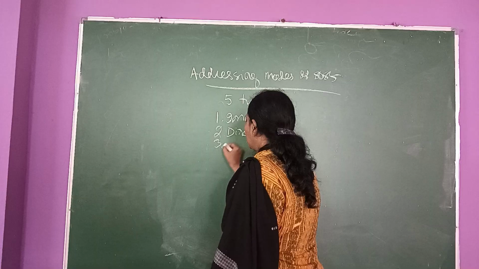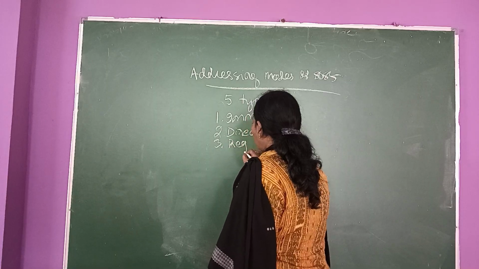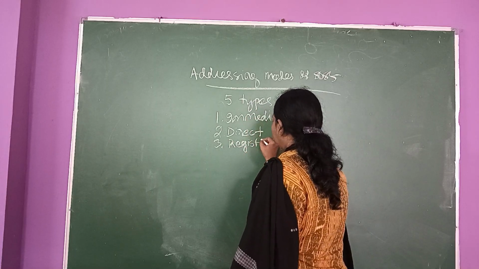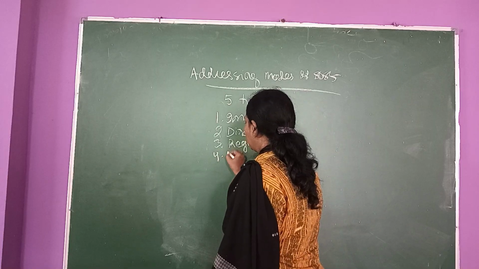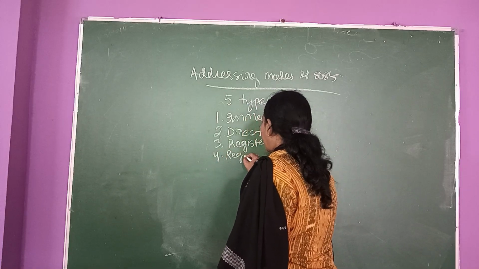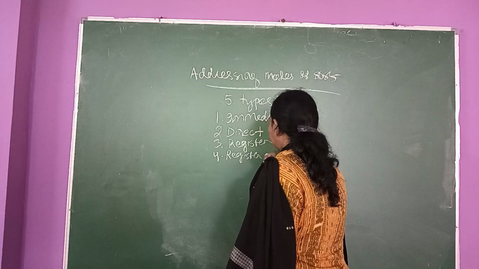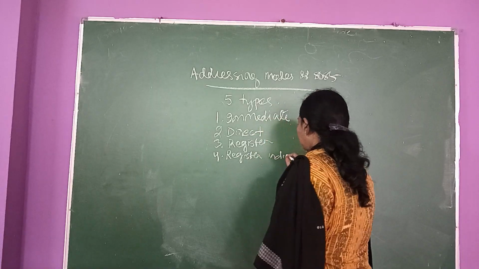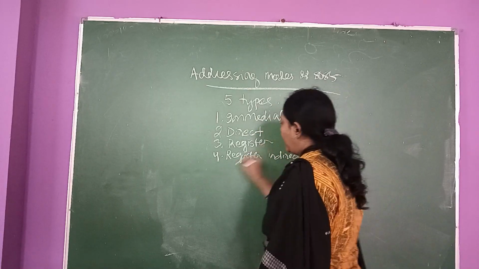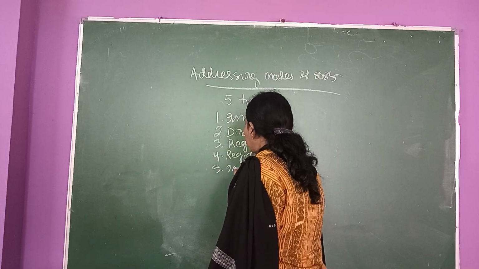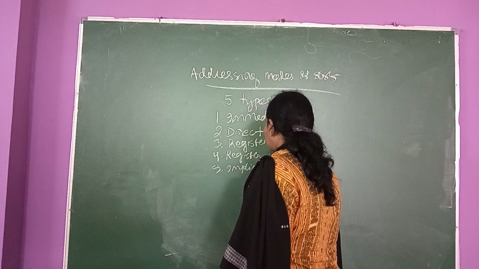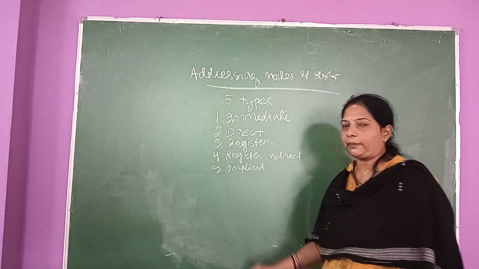Third one is register addressing mode. Fourth one is register indirect addressing mode. And fifth one is implicit type of addressing mode. So we will discuss one by one.